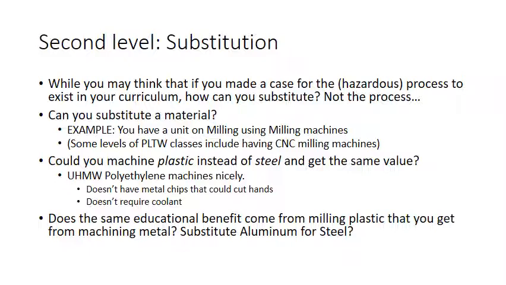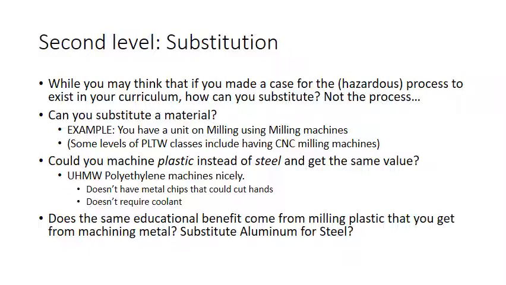And in this case, I was substituting material. You might want to think that in your class, say people have provided you with a small CNC, and you want to do something with milling. Well, you can mill plastics instead of steel. Would it be the same value? Yeah, pretty much.